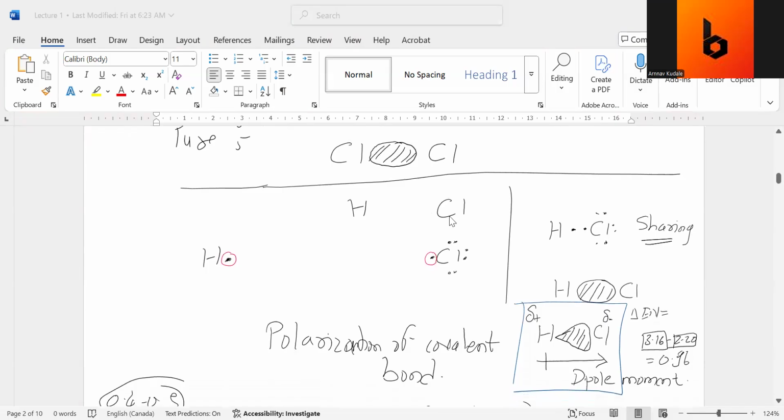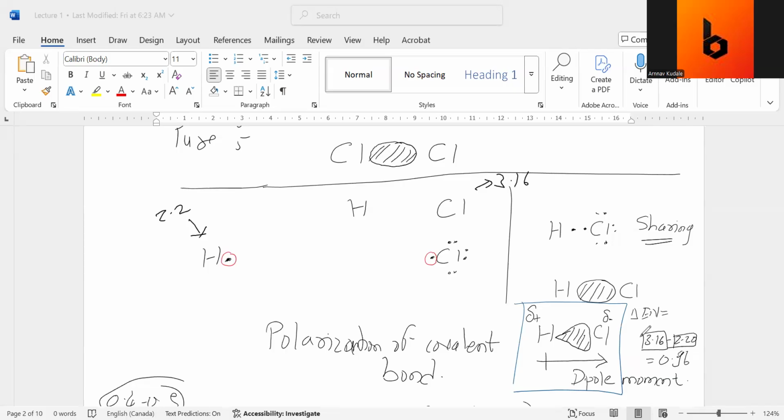Now let us see in case of HCl. The electronegativity of hydrogen is 2.2, and that of chlorine is 3.16, correct? Now what is the delta EN? 0.96, sir. So that indicates that the electron cloud is not equally shared.